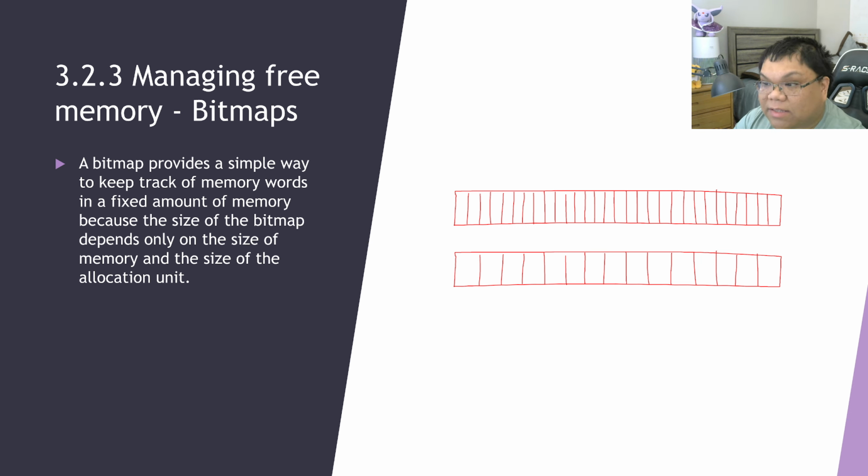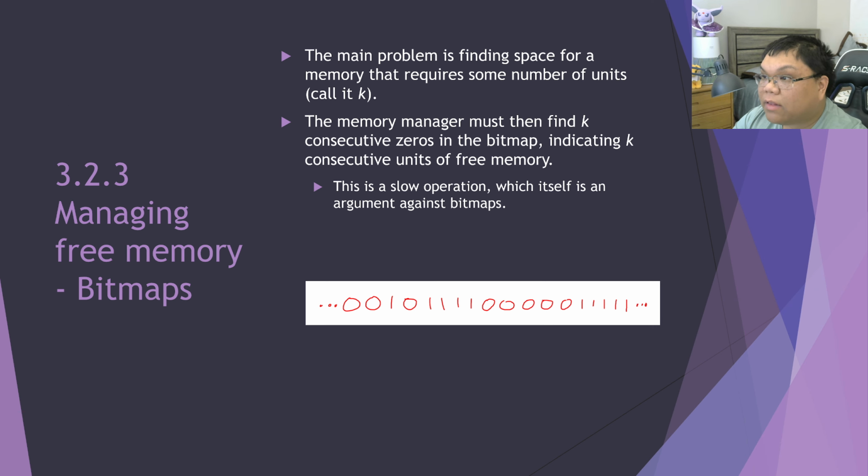A bitmap provides a simple way to keep track of memory words in a fixed amount of memory because the size of the bitmap depends only on the size of memory and how big your allocation unit is. The main problem is finding space for memory that requires some number of units, call it k. The memory manager must then find k consecutive zeros in the bitmap, indicating k consecutive units of free memory.